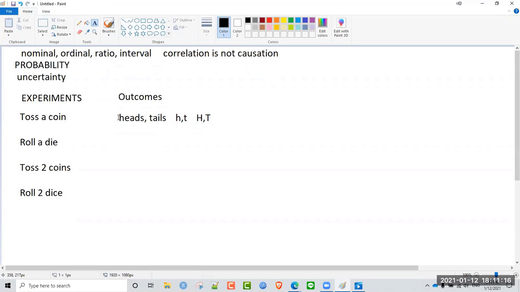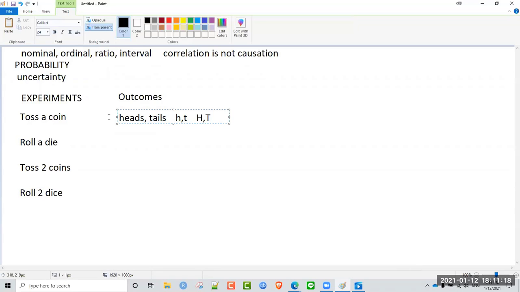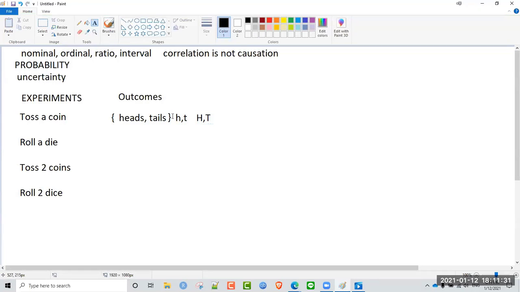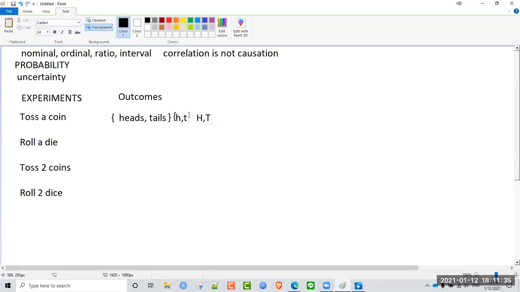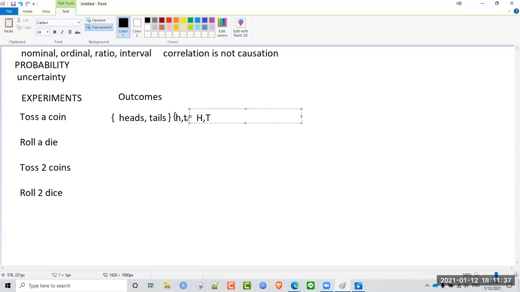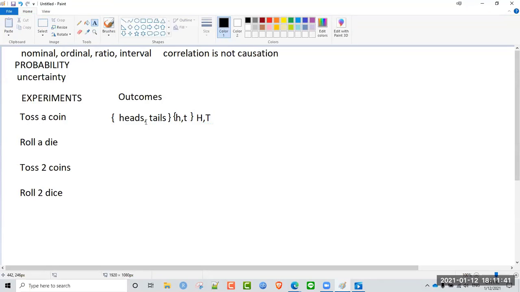So the outcomes are going to be listed as a set. Either this one or this one, any of those are okay.